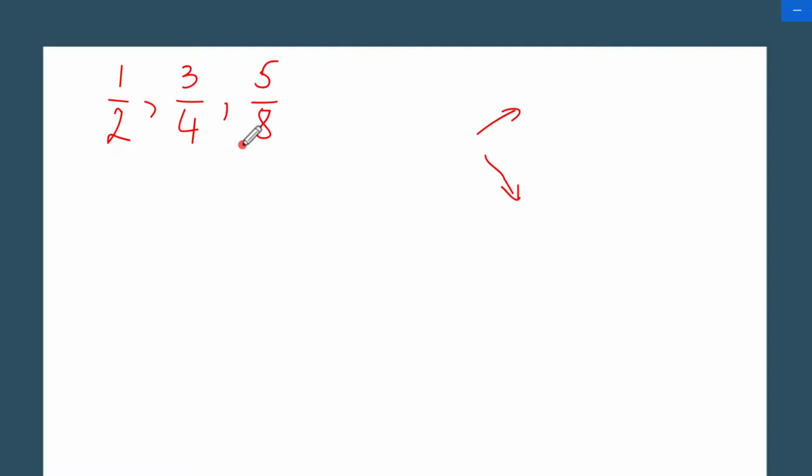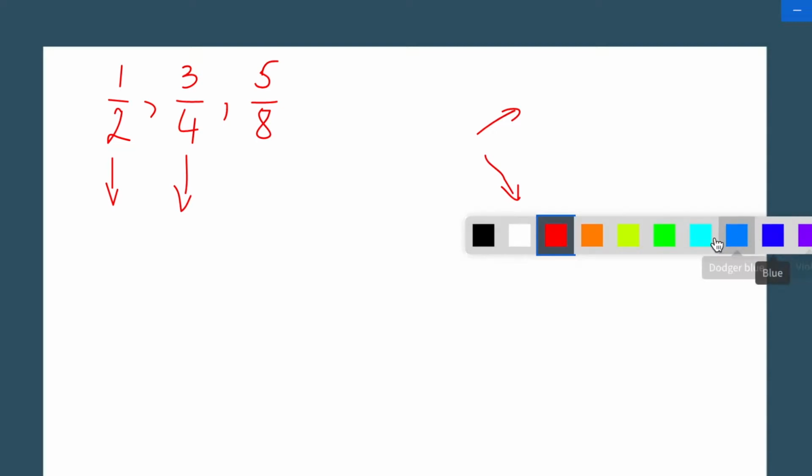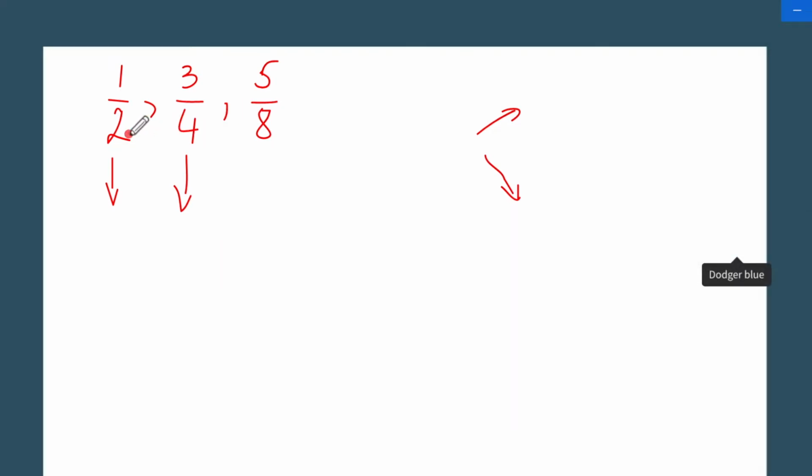If you can't compare these fractions, there is no way you can tell if this goes first or this goes first. So let's just make them be fractions that have the same denominator. As you can see here, obviously from a 2 you can get to an 8, and from a 4 you can get to an 8 as well.